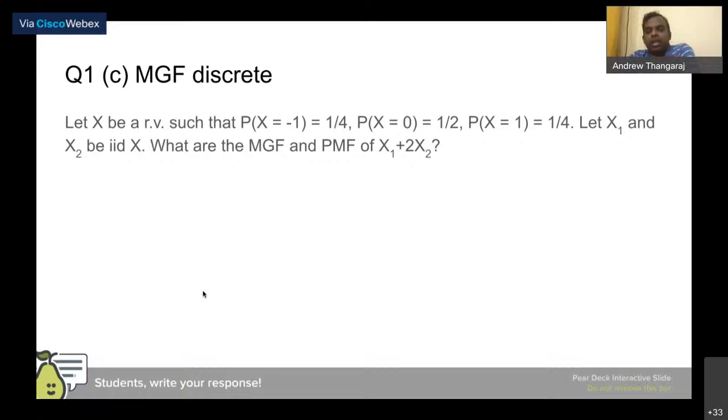Normally you can treat these kinds of questions as functions of two random variables and write down your table method. It'll eminently work. There's nothing wrong in doing that. But this is, of course, an MGF question, so I'm hoping you can use a bit of MGF in your answer.